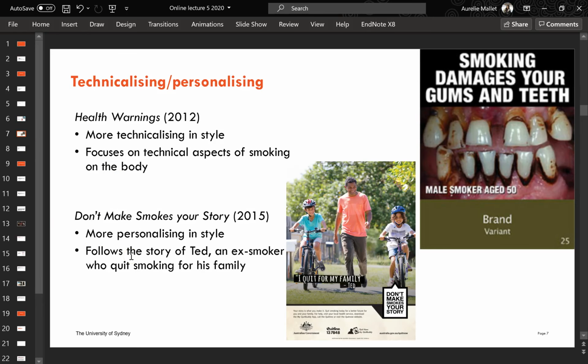Then we looked at the second set of strategies, which were called technicalizing and personalizing. So the campaigns we looked at were health warnings and the Don't Make Smokes Your Story. The health warning campaign features graphic images and health warning messages on tobacco products, including cigarette packs and loose tobacco as well.